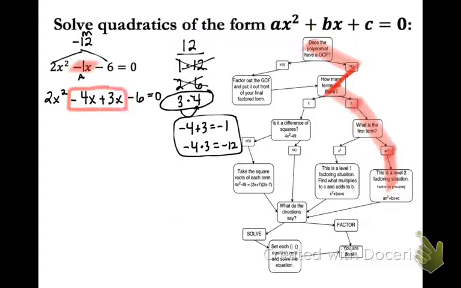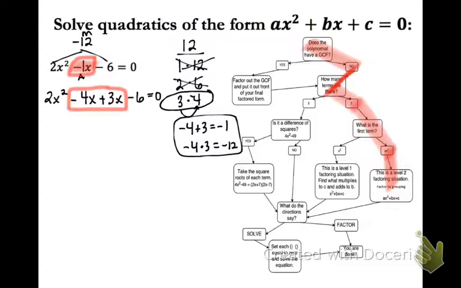These two terms right here add to a -1x. That's what I just replaced. So I didn't change the problem, I just rewrote -1x as -4x plus 3x, and you'll see why in a minute. Again, it doesn't matter. I could have put my 3x term here and my -4x term here. Doesn't matter, we would get the same answer in the end.